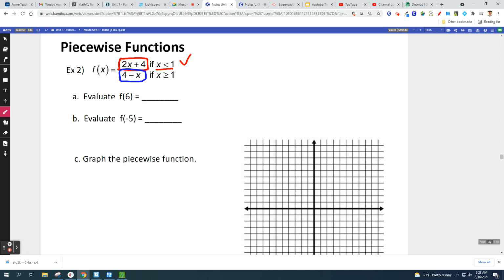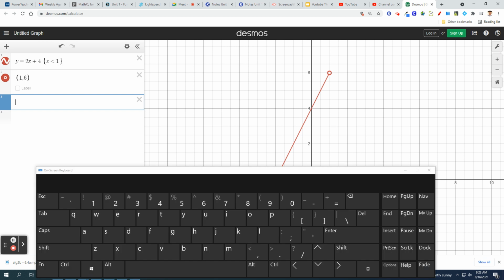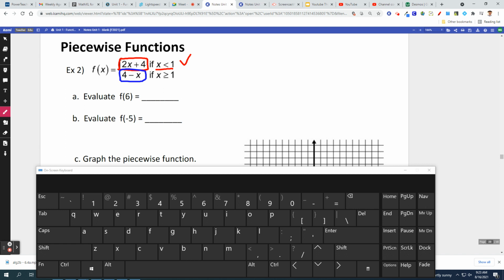So let's make a new equation and do y equals 4 minus x. And again, I've got too much. I don't want the entire equation. I just graphed the entire equation, y equals 4 minus x. I don't want the entire thing. I only want if x is greater than or equal to 1.